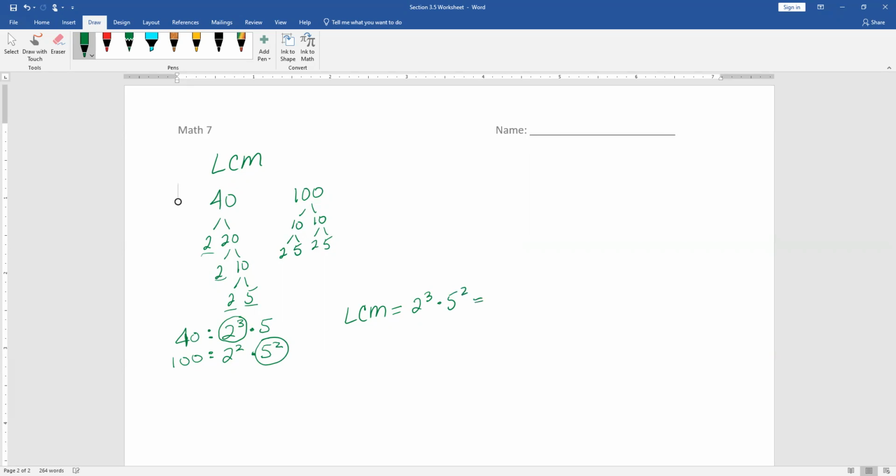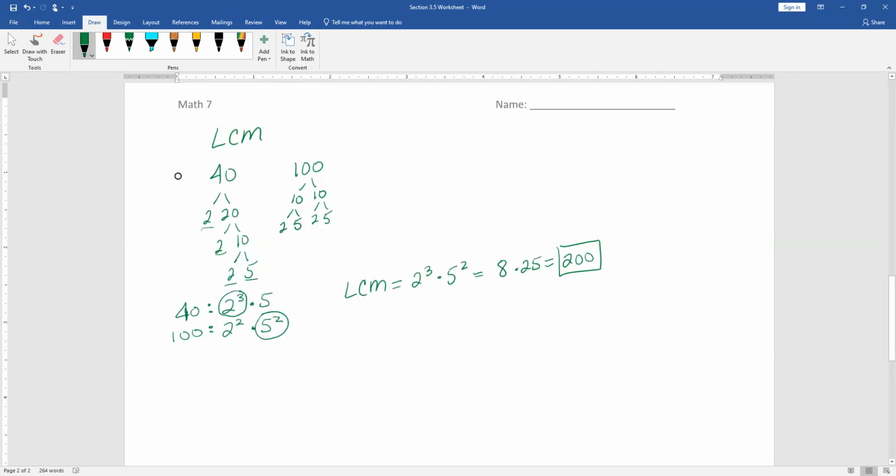So that's our least common multiple. 2 times 2 times 2 is 8. 5 times 5 is 25. So 8 times 25 is 200. So 200 is the least common multiple of 40 and 100. And that was, I think, number 5 in skill check 2.